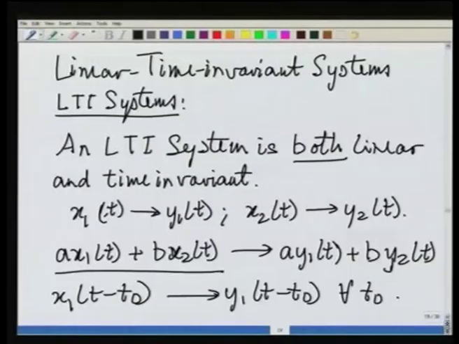Only then do we say that the system is linear and time invariant. So, a linear time invariant system satisfies these properties for all values of a, all values of b, all values of t naught, as well as all signals x1 t and x2 t. This must be very, very clear at the outset.